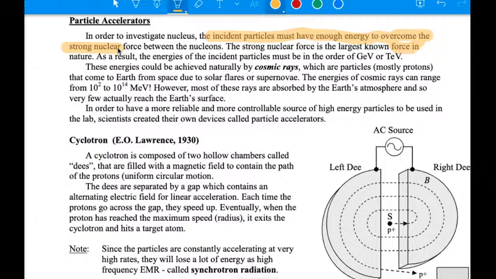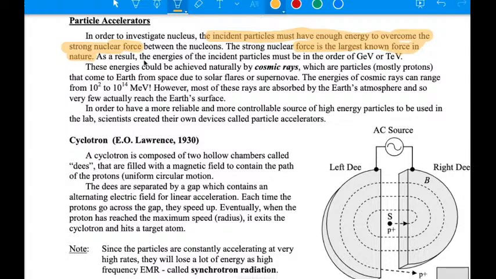This is actually to break apart our nucleus and overcome the strong nuclear force between our protons and neutrons. Since that strong nuclear force is the largest known force in nature, we need a ton of energy to actually break it apart.